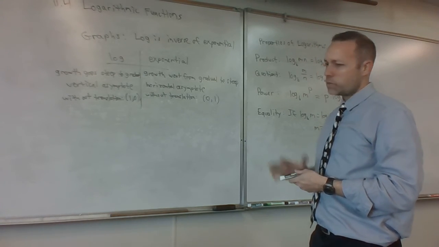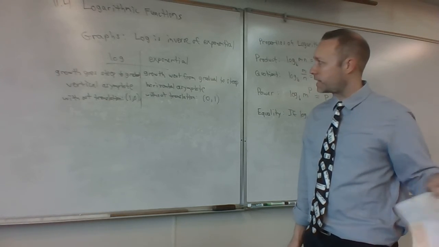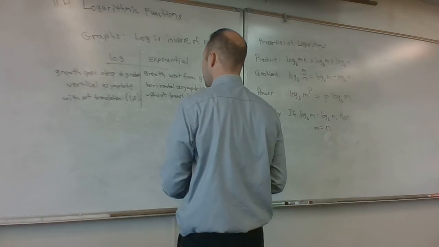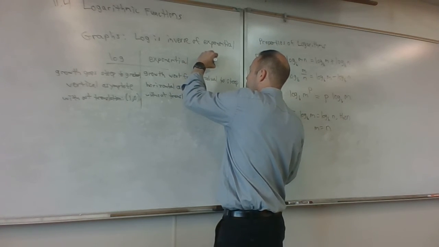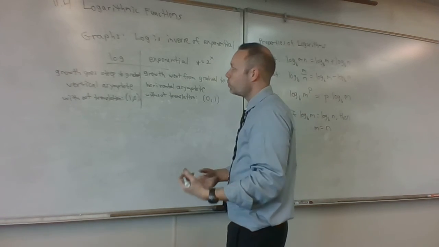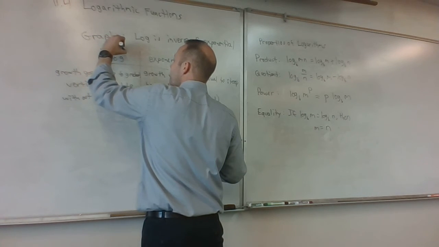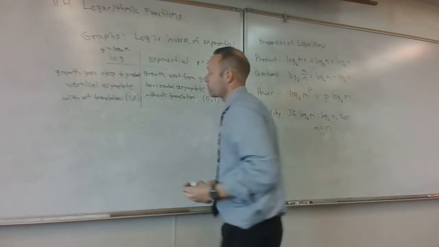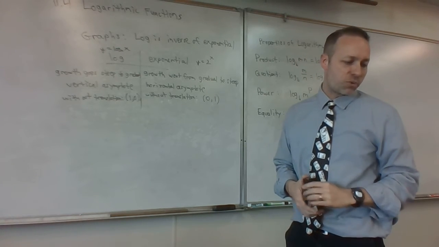So using what we know, if we took the exponential like y equals 2 to the x, swapped x and y, and solved for the new y, what we get is y equals log base 2 of x.